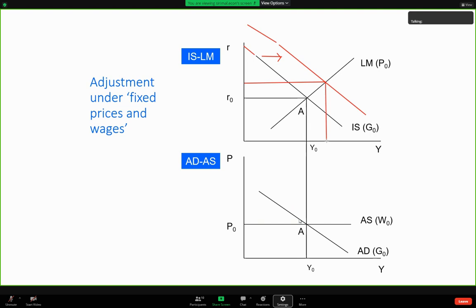How do we show it on the second graph? We extend that line all the way down here. And you can see that this point is the equilibrium point in the first graph. So this is the equilibrium point on the second graph.